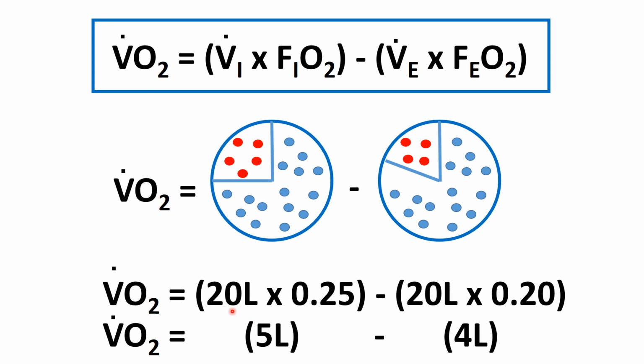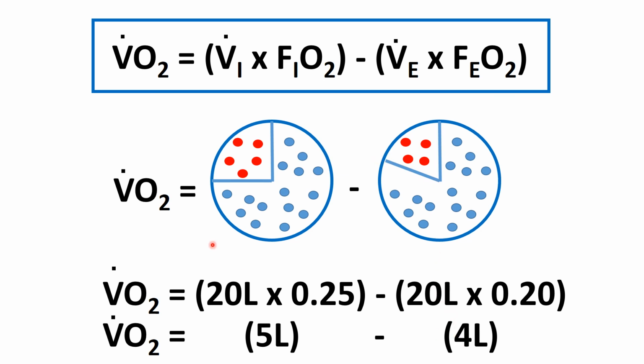So 20 litres times 0.25 gives you 5 litres. And then we take away, again, 20 litres for the volume of expired air, this time times 0.2, because it's now a fifth, a lower fraction, which gives us 4 litres.